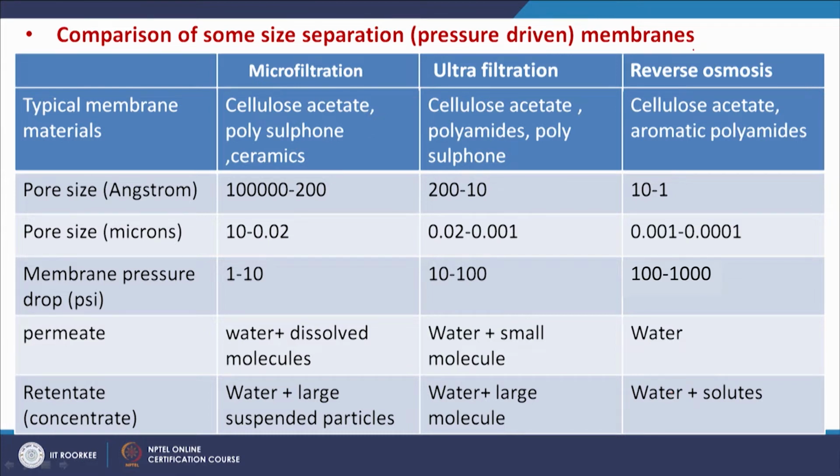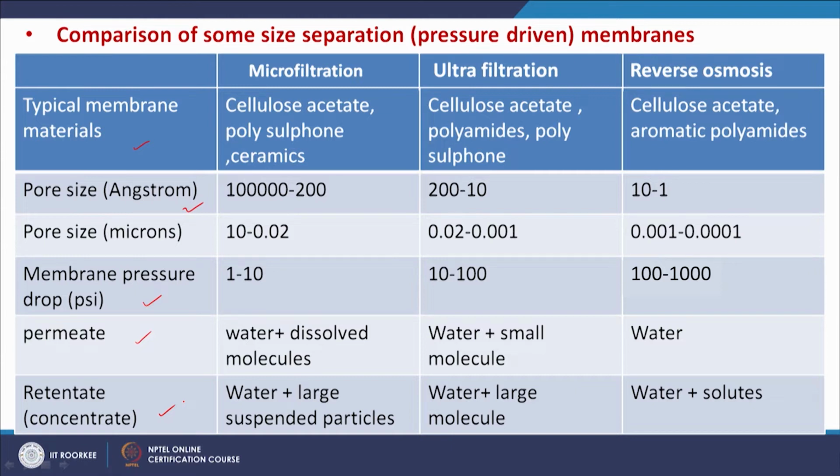Now, we will see the comparison of some size separation, that is, pressure driven membranes. Here the parameters are typical membrane material, pore size, membrane pressure drop, permeate and retentate, that is concentrate.